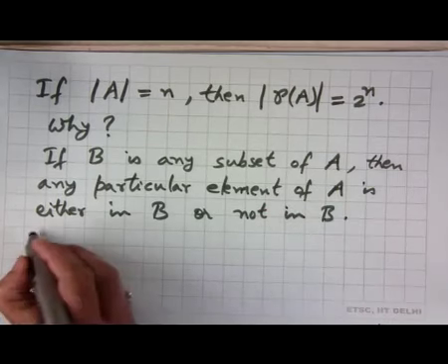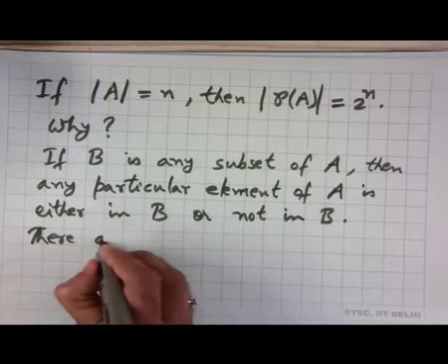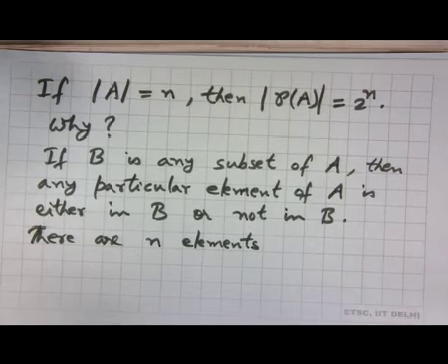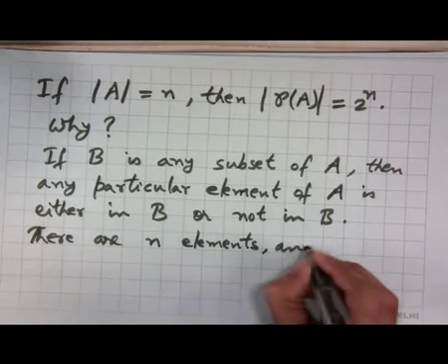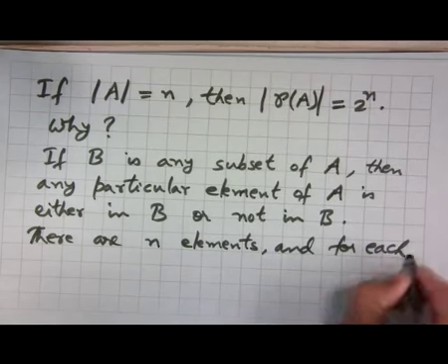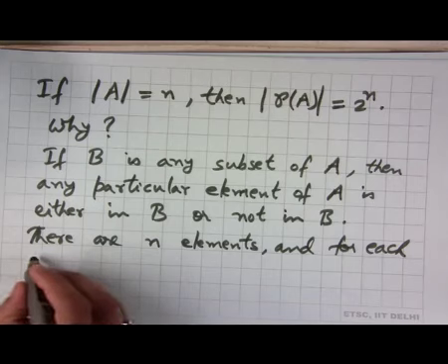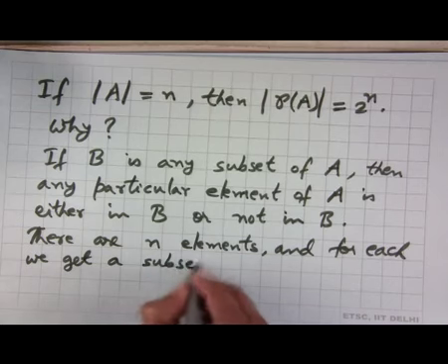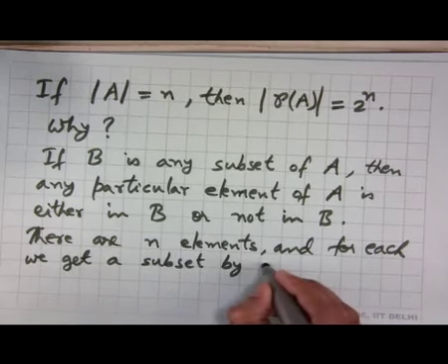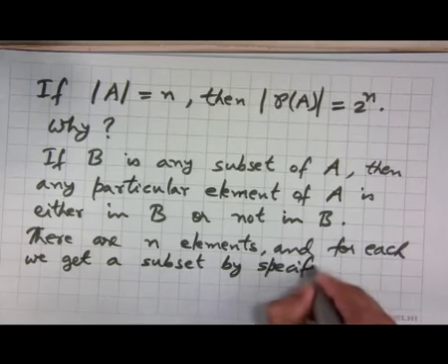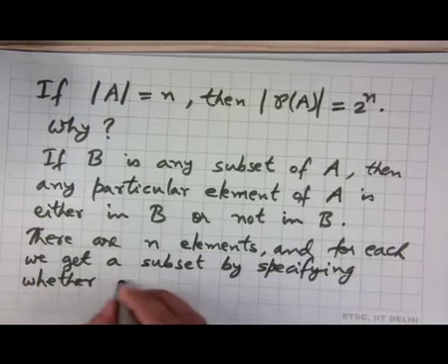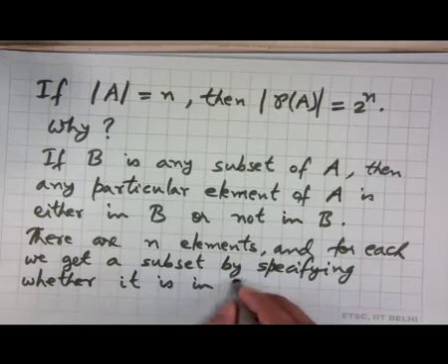So, there are n elements and for each we get a subset by specifying whether it is in B or not.